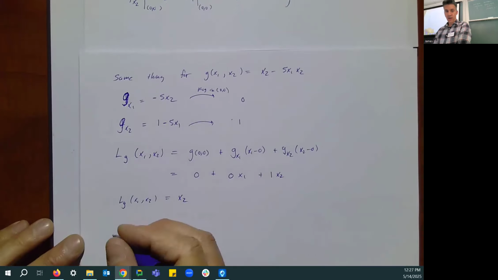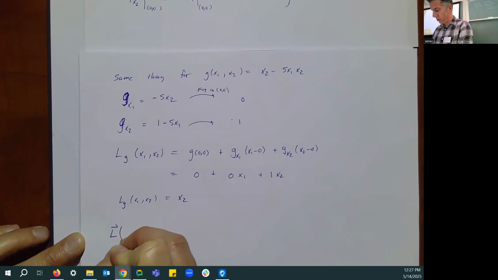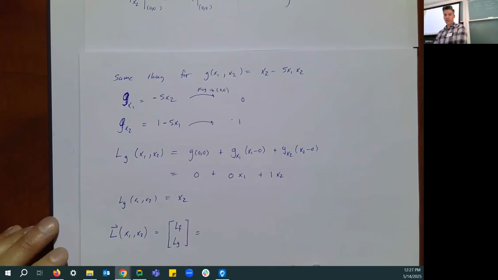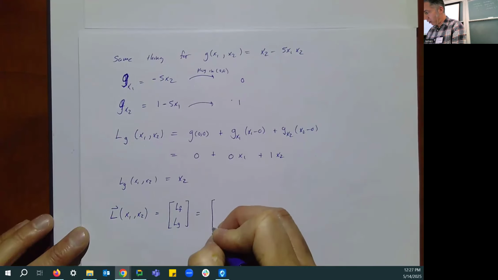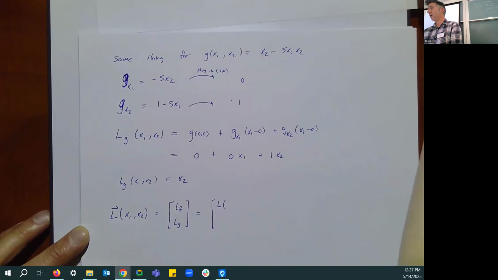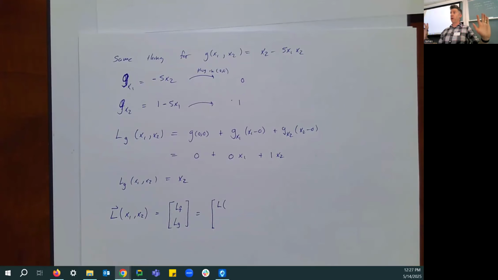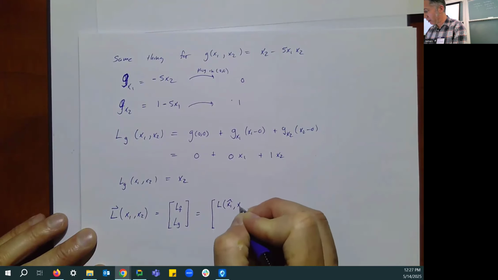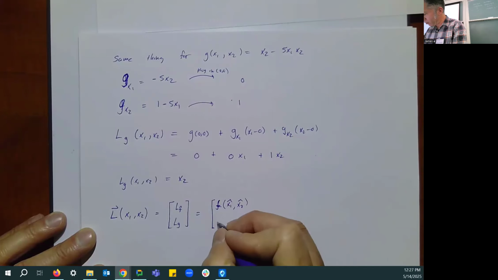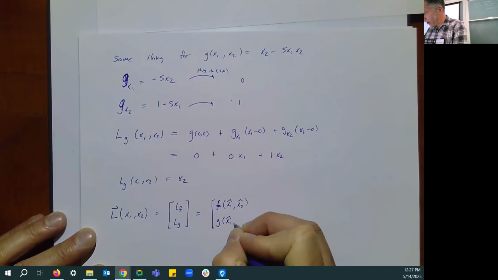What we're going to say is the linearization as a vector of x1, x2, which is just the F linearization and the G linearization, is going to be the vector F of, so instead of writing 0, 0 for the input here, I'm going to write a generic equilibrium, x1 hat, x2 hat. Sorry, not L, apologies, F, G of x1 hat, x2 hat.